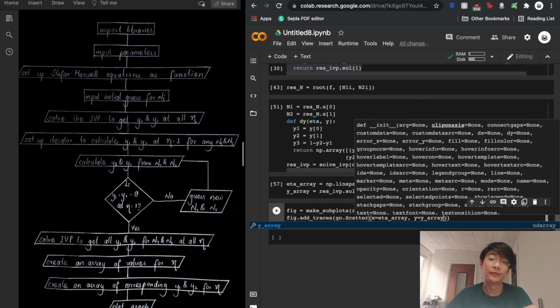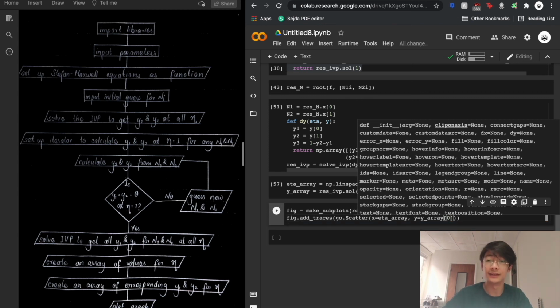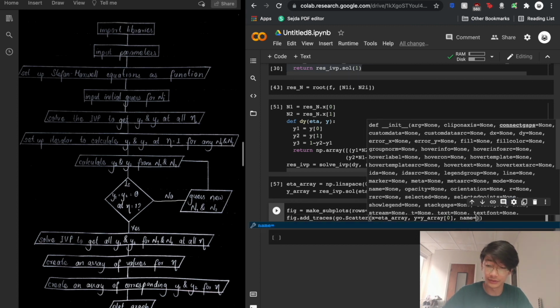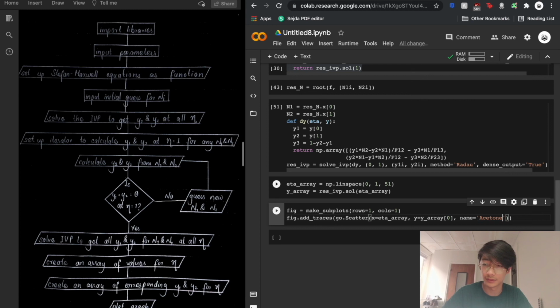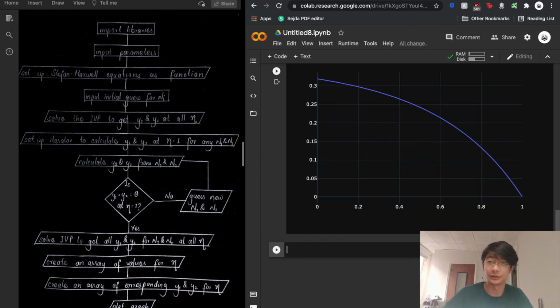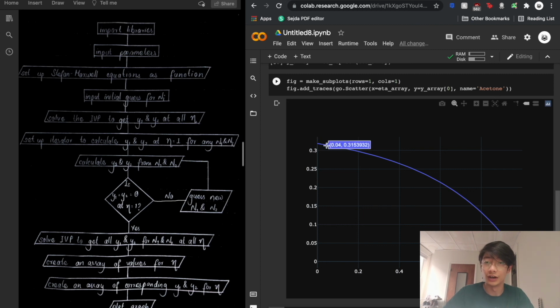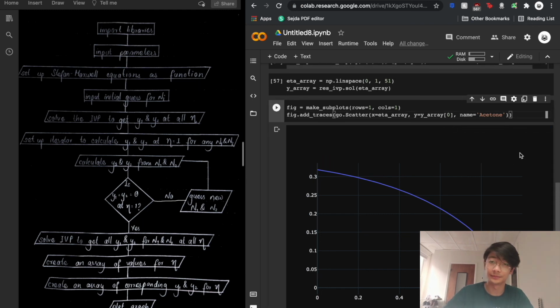I want to first plot the graph for acetone, so I'm going to access the first element from inside the y_array array, and we're going to call it name equals acetone. So let's go ahead and see what that looks like. So yep, that's our graph for acetone. Its mole fraction is decreasing as we go higher up in the Stefan tube.